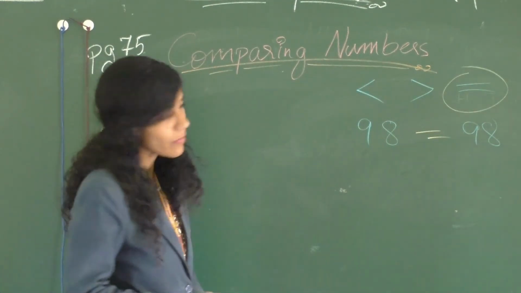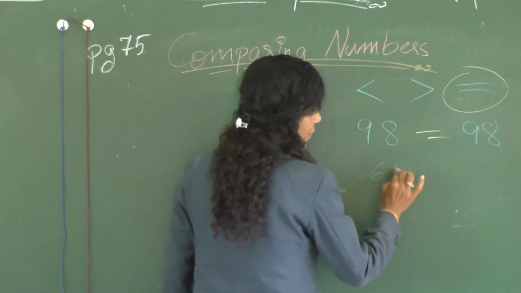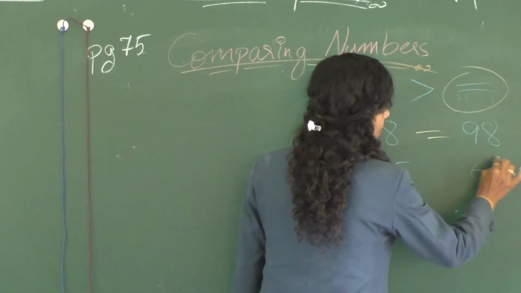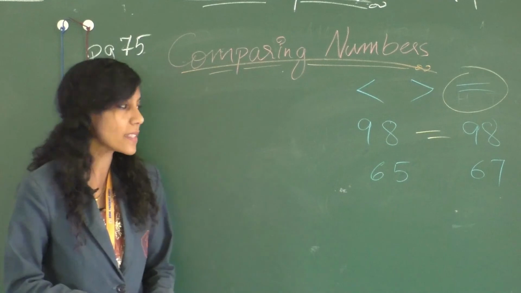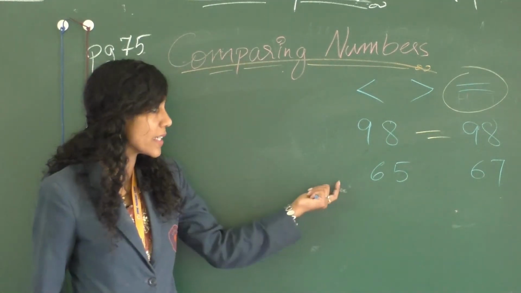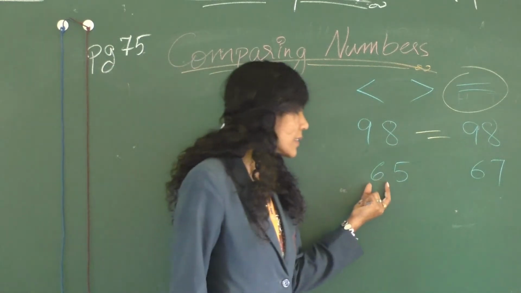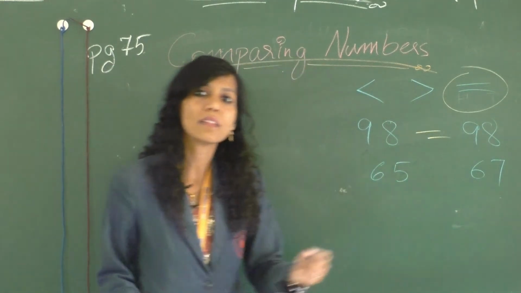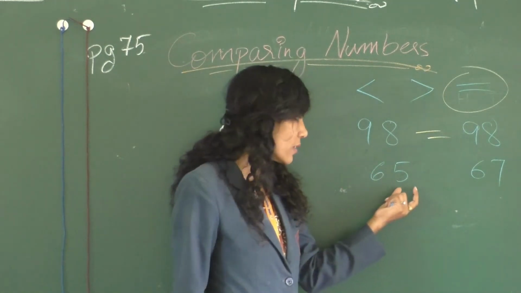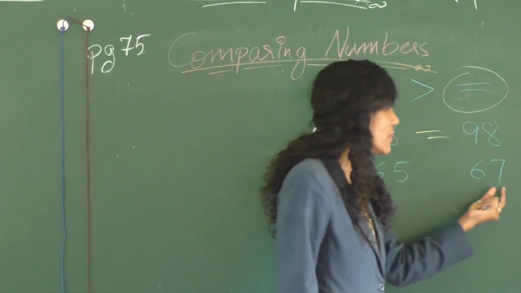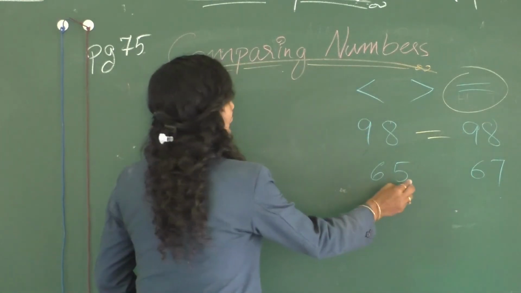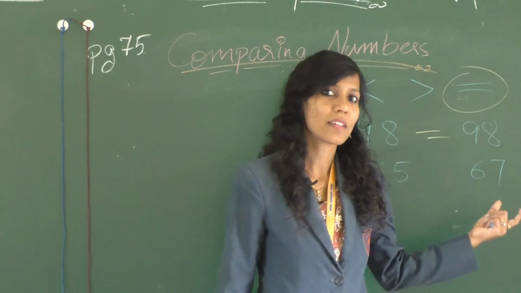Another example, 65 and 67. We come to the first place, tens place. No hundreds place is there, tens place. 6, 6. Both same. So we go into the next place value. 5 and 7. 5 is more or 7 is more?